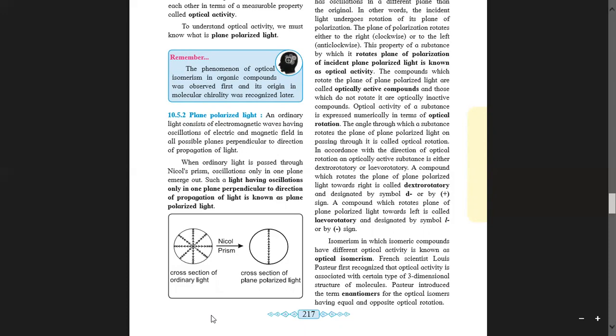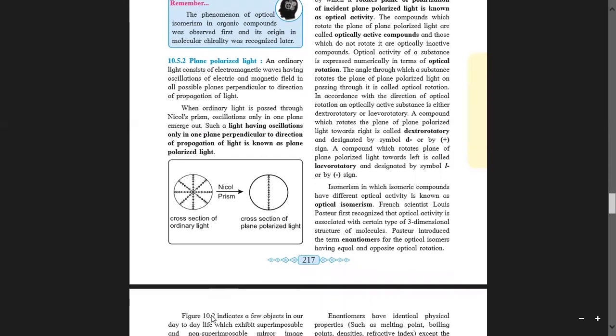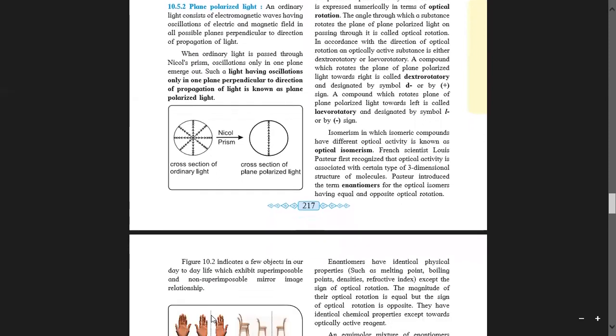And the compound which rotates the plane of plane polarized light towards the left is called a levorotatory substance. It is denoted by the symbol l or a negative sign. That is about dextrorotatory and levorotatory substances.